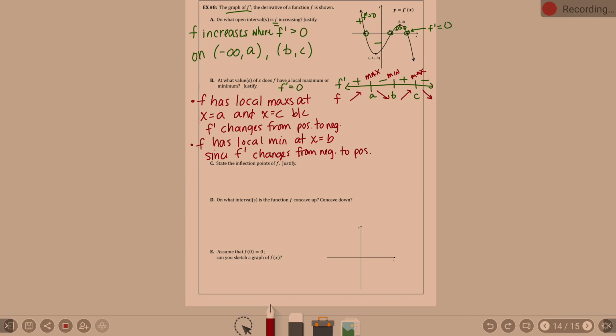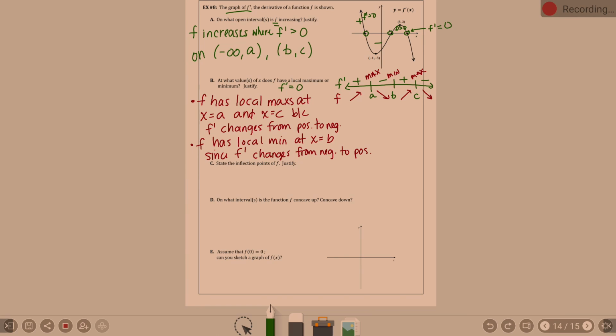The inflection points of F would just be A, B, C, right? No. A, B, and C are mins and maxes. We haven't touched this. Okay, so inflection points of F are where the second derivative equals 0.